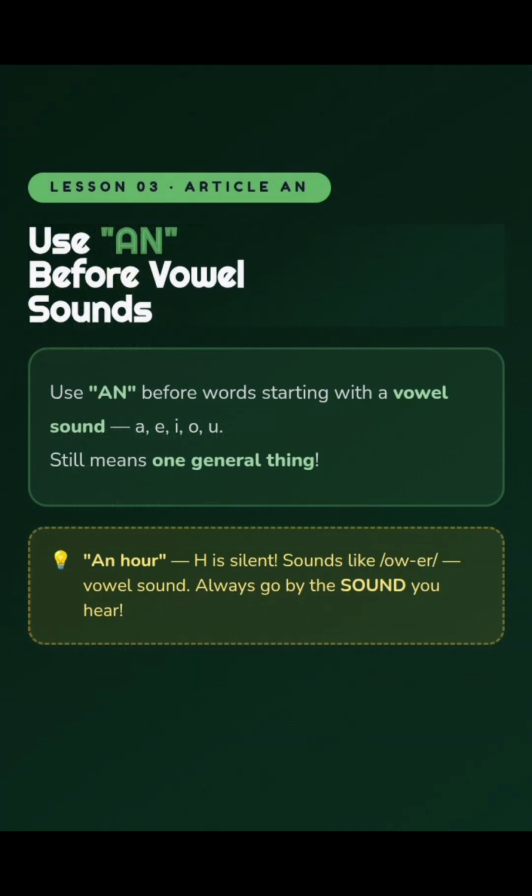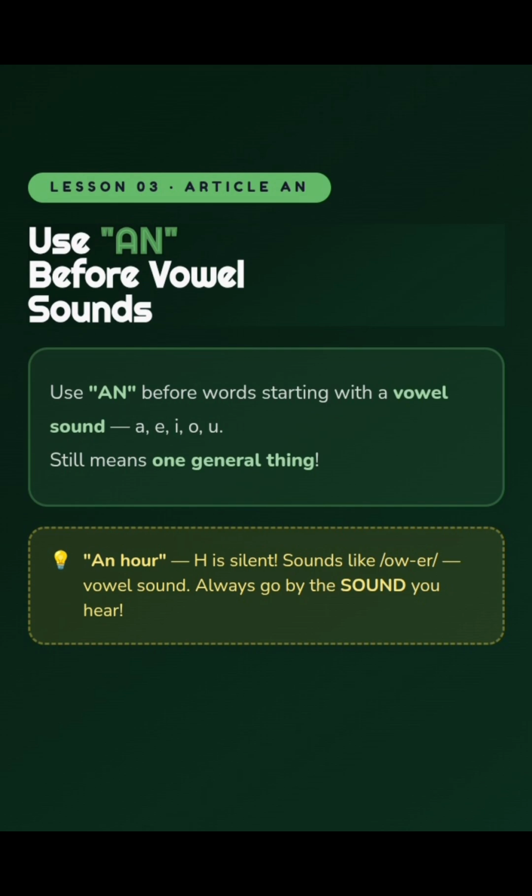Now let us learn about an, the second article. We use an before a word that starts with a vowel sound. Vowel sounds are A, E, I, O, U. For example, an apple, an egg, an idea, an hour, an orange.